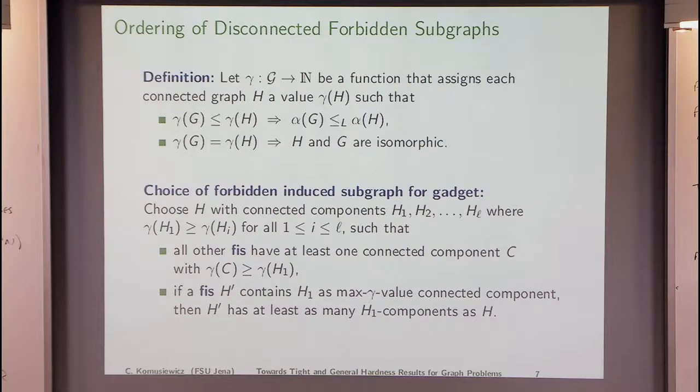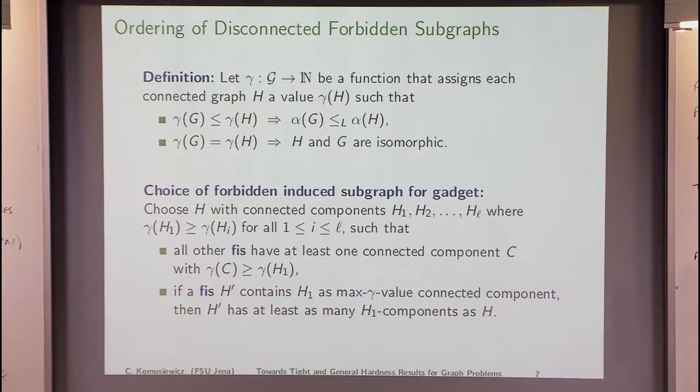And we want to make sure that all other forbidden induced subgraphs contain at least one connected component whose gamma value is at least as large as this H1. And also there's none that contains only these H1s as max gamma value graphs, and then fewer H1 components than this one.